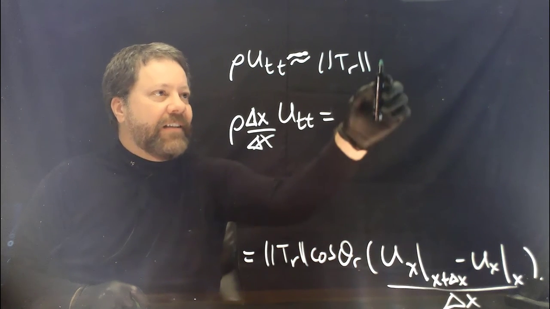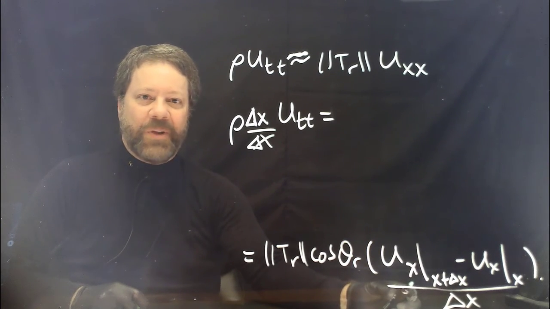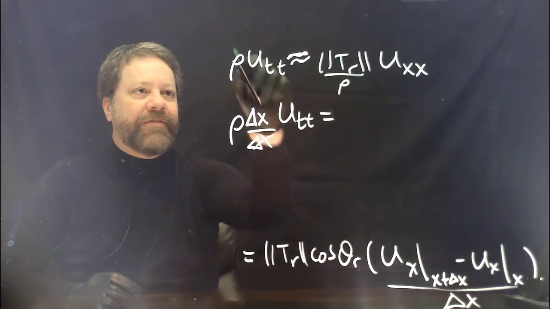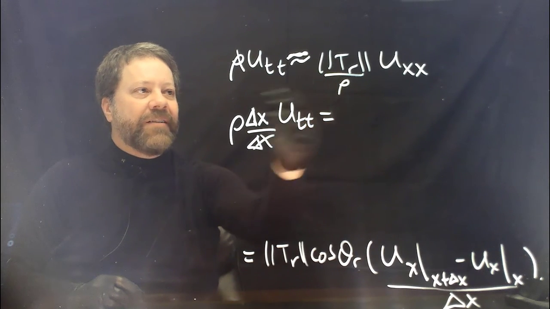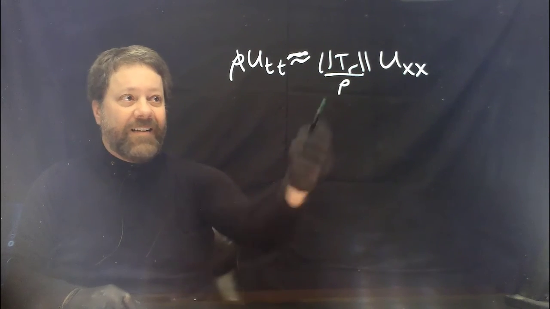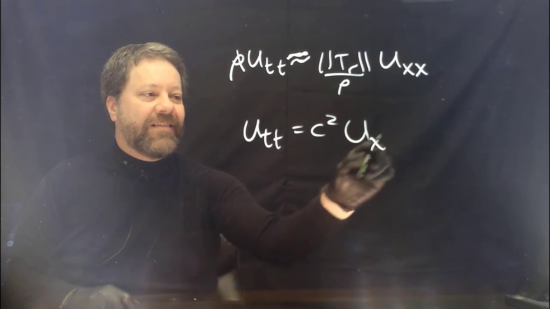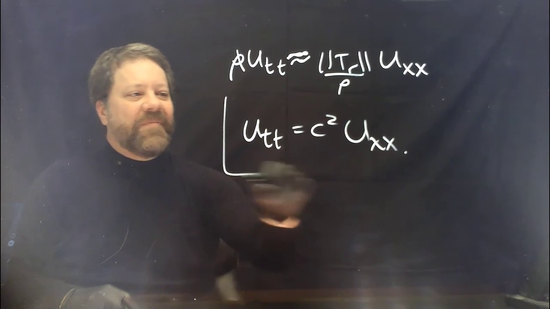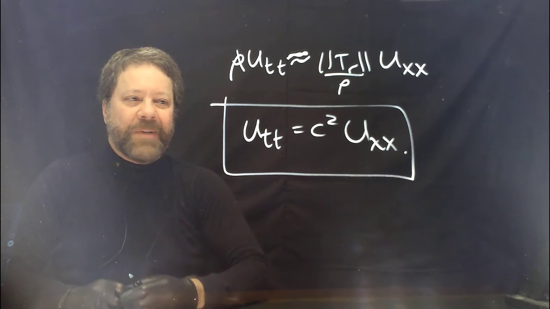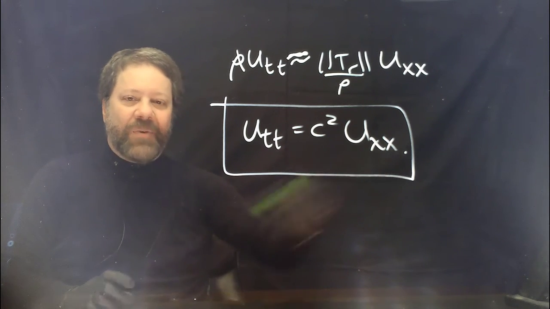All that's left then is the second order partial derivative of u with respect to x. If we now combine by dividing this rho off, we'll have some constant over here, and this will yield the wave equation in one dimension. It's customary to call this constant c squared, and you can see that it has to be non-negative for physical reasons, and it will represent the speed of a wave traveling down the vibrating string.